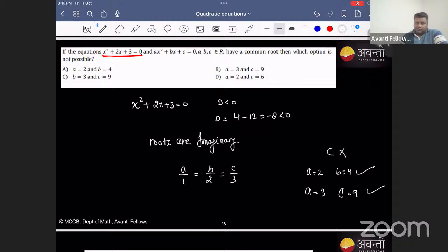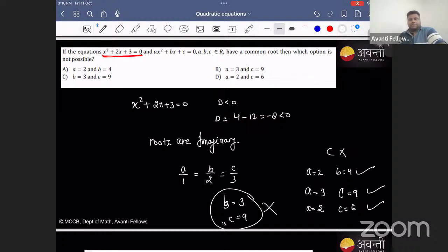Now, if A is 2, C will be 6. Yes, this is also correct. So the only incorrect answer is B is 3 and C is 9. This is not possible. Got it?